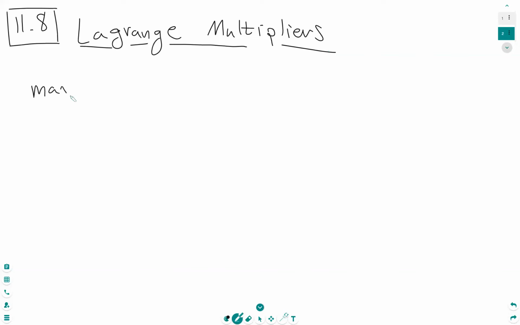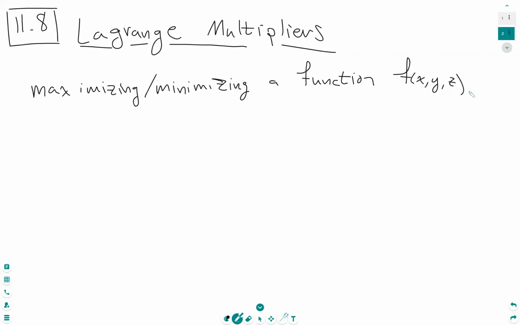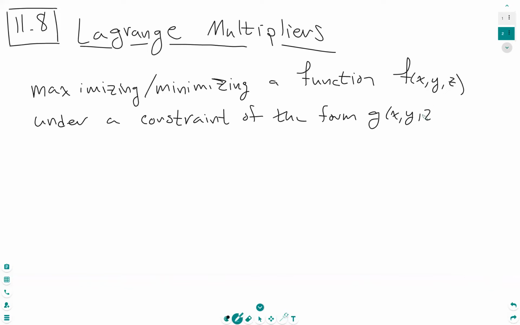So we're maximizing, I should say, maximizing or minimizing a function, maybe of 3 variables, under a constraint of the form G is equal to some K, where K is a constant.